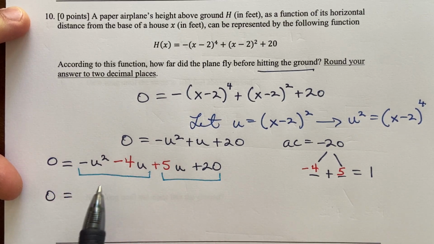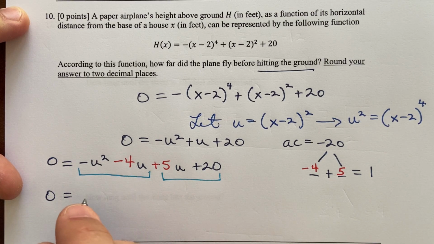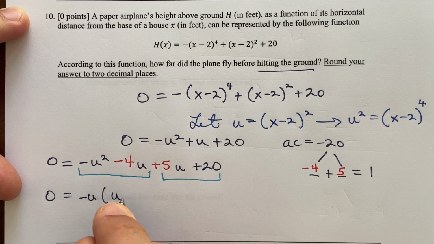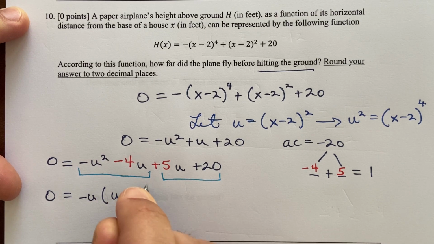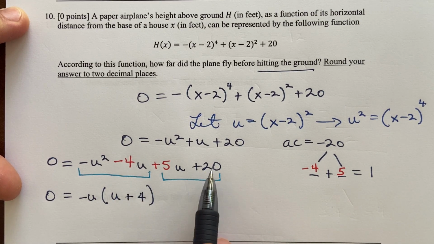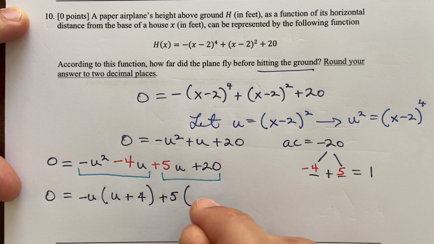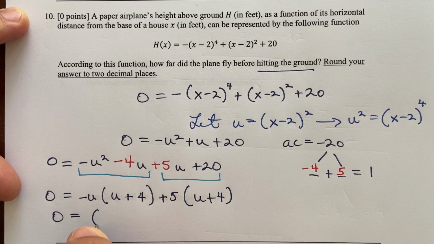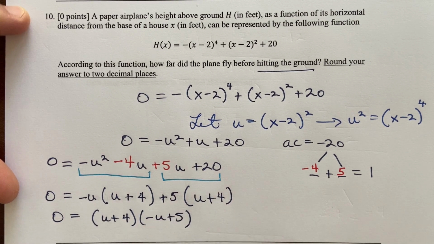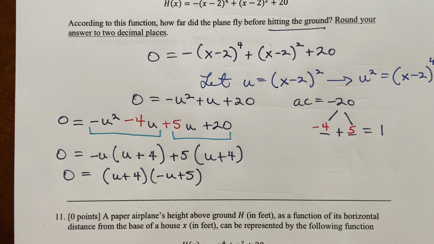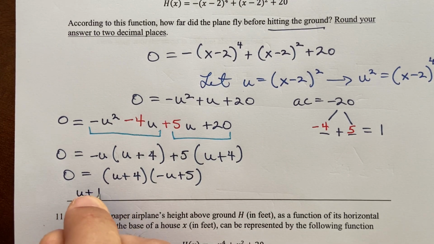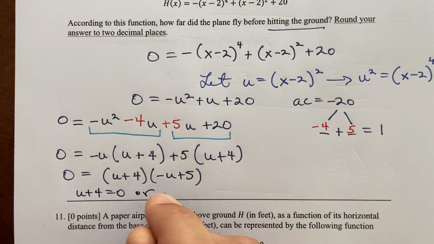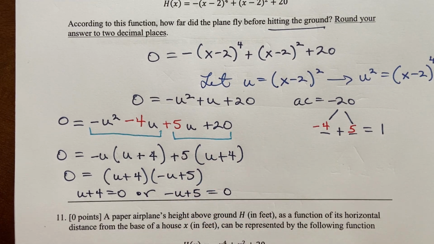So 0 equals, I'll factor out a negative u, leaving behind a u plus 4. Factor out a 5, leaving behind a u plus 4. Factor out u plus 4. So 0 equals u plus 4 times negative u plus 5. So it must be that u plus 4 is 0, or negative u plus 5 is 0.